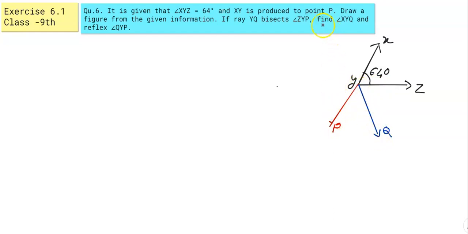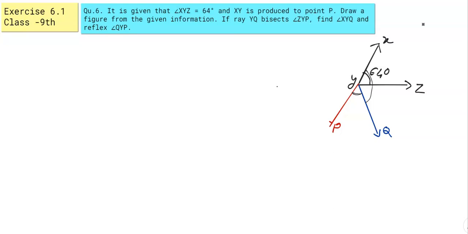So we have to find the angle XYQ, and the reflex angle QYP. QYP is an angle here and we have to find its reflex angle. Okay, so first we will find XYQ.